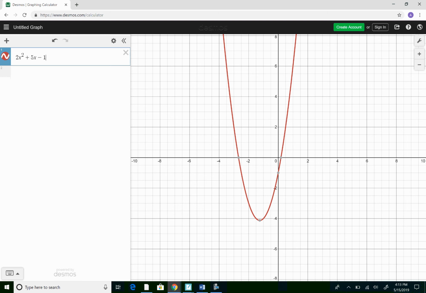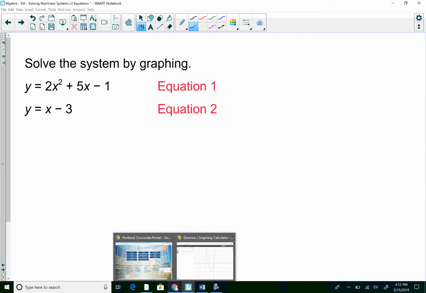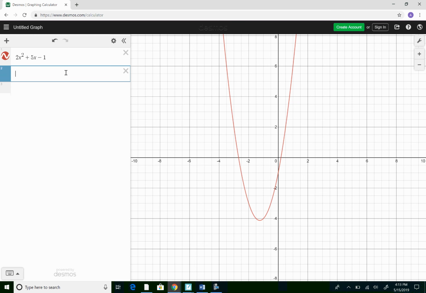But now what we want to do is plug that second equation in. So if I just go back to this, we want to plug that y equals x minus 3 in. I don't need the y there, I just need x minus 3. Okay, so here's our second equation. Again, that y-intercept is at -3.